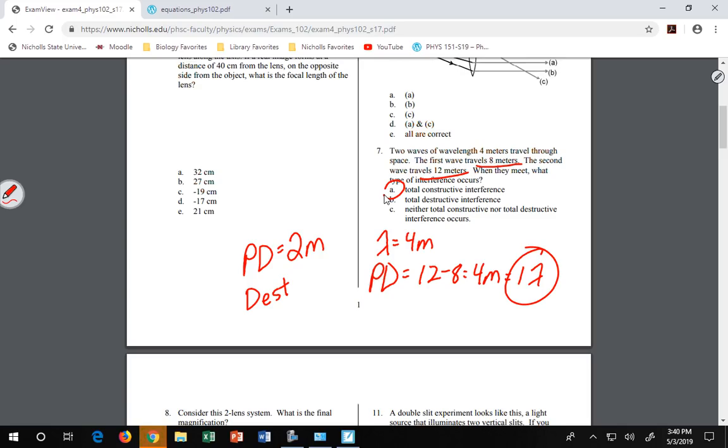If it was something in between, not a full wavelength or a half wavelength, then the answer would be C, that it's somewhere in between. On our interference pattern, if it was, say, a fourth or a third or just something in between, then we would find ourselves somewhere that's not at a peak or a trough on that diffraction pattern.